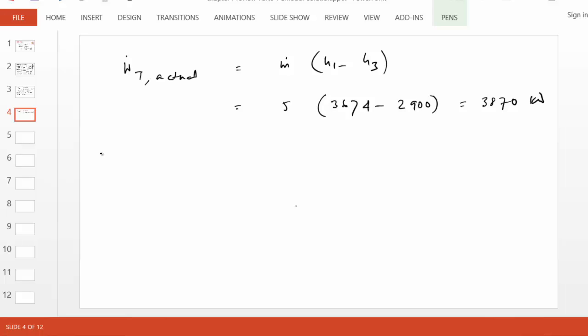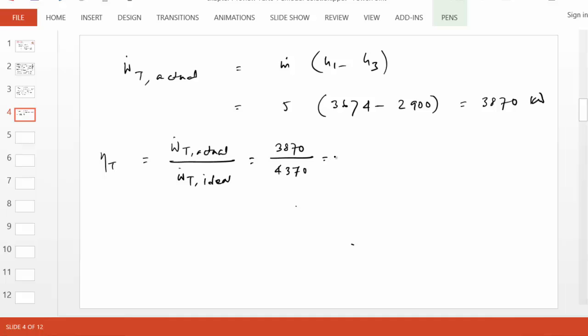The turbine efficiency therefore is actual output divided by ideal output, 3870 divided by approximately 4370, which is about 88.5%. That's our manual solution.